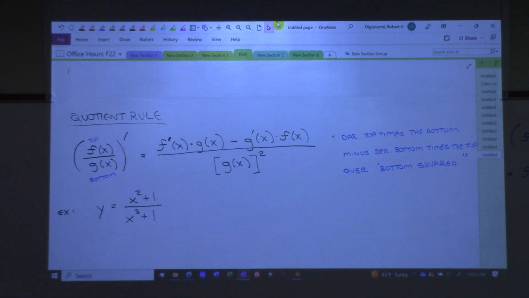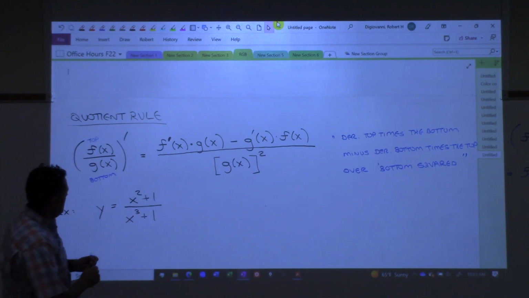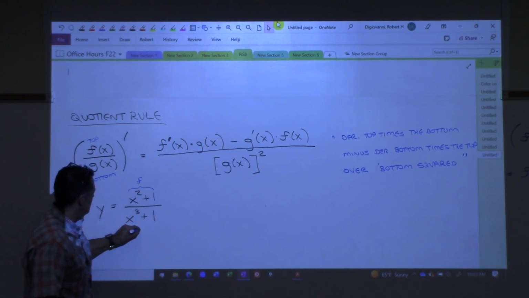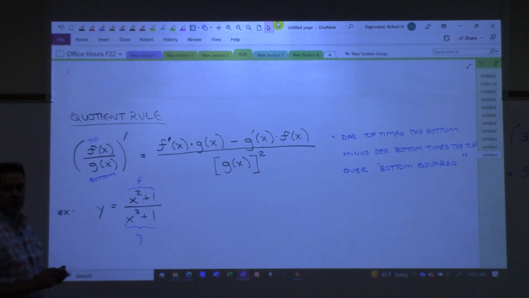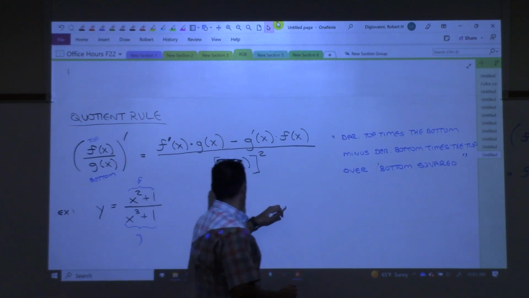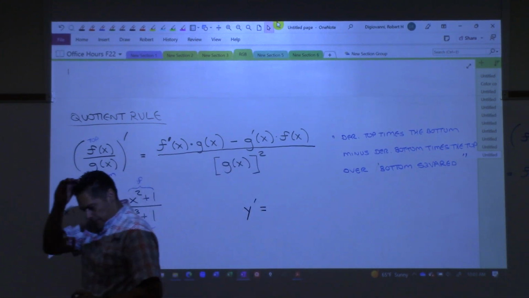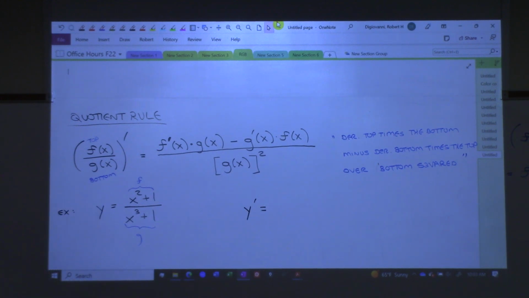Do you all see the top and bottom functions, the f and the g? Up here, this is the f. Down here, this is the g. All right, let's go for the answer here. y prime equals. There shouldn't be a big difference between this and what we were doing before, except a minus in between.